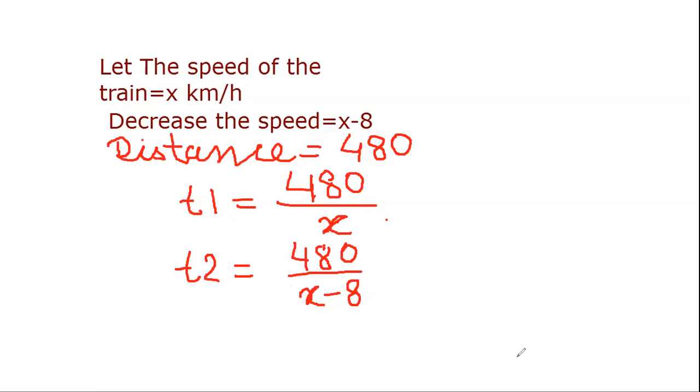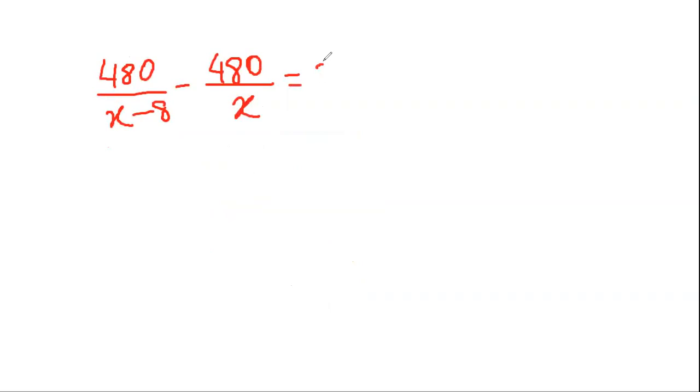So we subtract: 480 upon x minus 8 minus 480 upon x equals 3, because the difference between their times is 3 hours. Then just take the LCM. LCM will come as x into x minus 8.